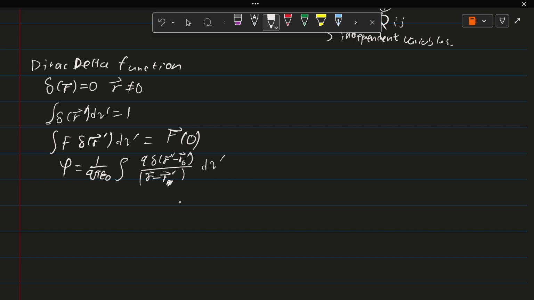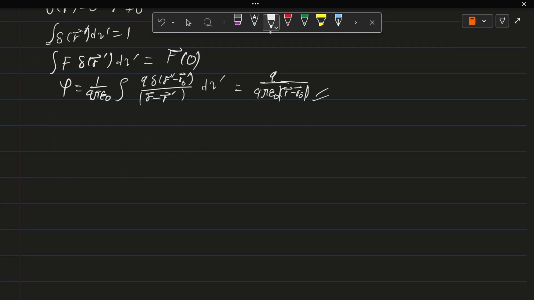And so if you observe this, the solution will be just q over 4 pi epsilon 0 times the length of r vector minus r0 vector. And this is already the solution. So we could also try to figure out what's the electric field. It's going to be 1 over 4 pi epsilon 0 of the volume charge density, multiplied by r vector minus r vector prime over the length of r vector minus r vector prime cubed, dv prime.